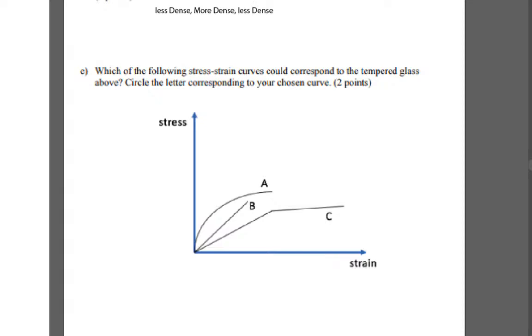For B, it is elastic, and then all of a sudden it just snaps. But then for A, it is plastic until the yield point, and then it fractures. So according to my decision, it would be A.